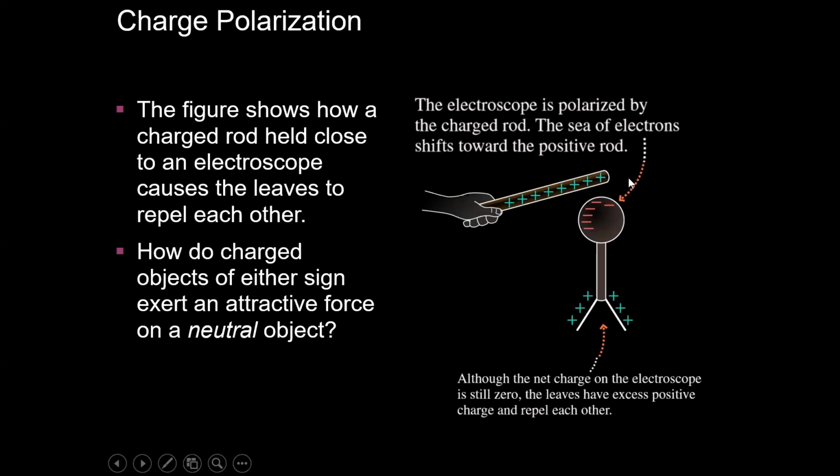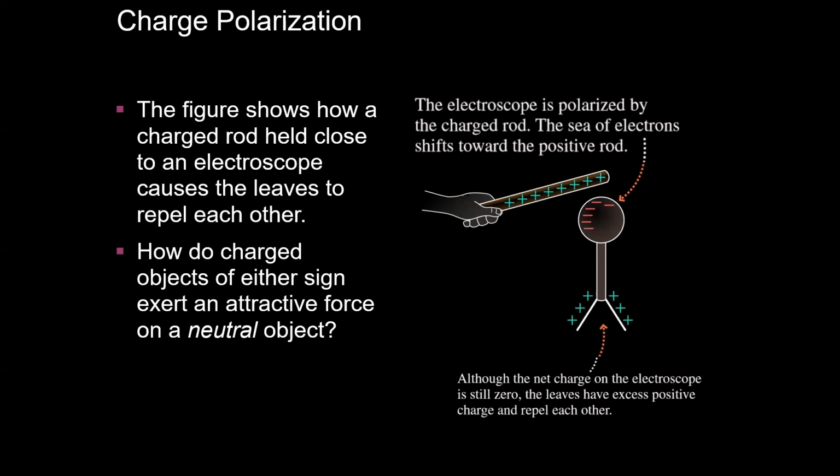So what this does is, if you bring the positive charge near this electroscope, the negative charge will be drawn towards it, the positive charge will be drawn away from it. So this little electroscope, while still being neutral, is now polarized.